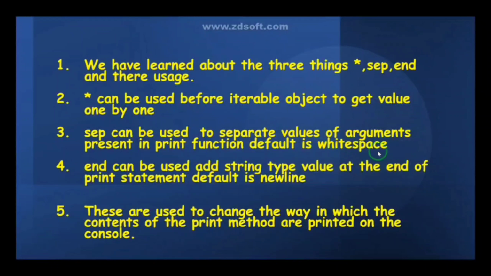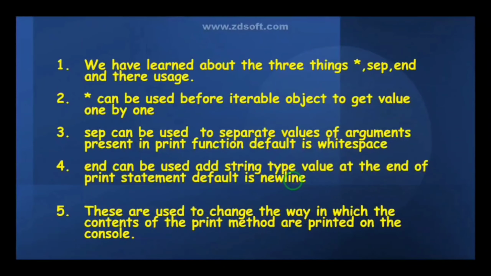And coming to END, it can be used to add a string value at the end of the string. Whatever value you give as END is added at the end of the string, and the default value is new line. When you are not giving anything for END, it automatically goes to the new line.